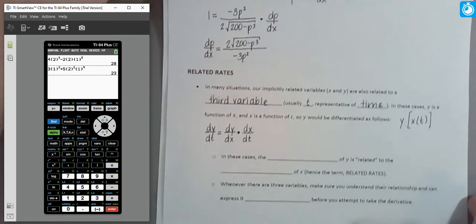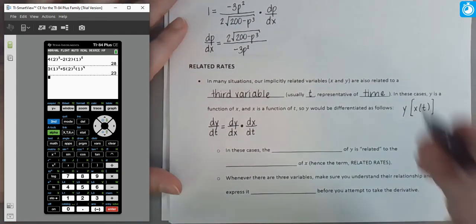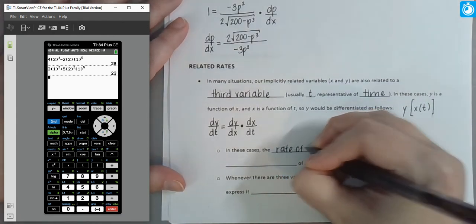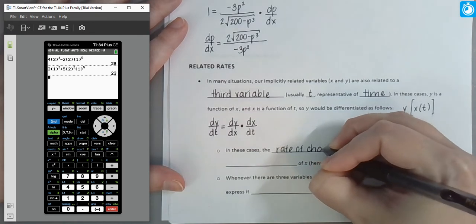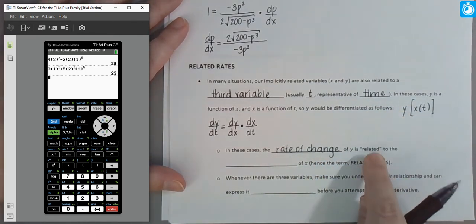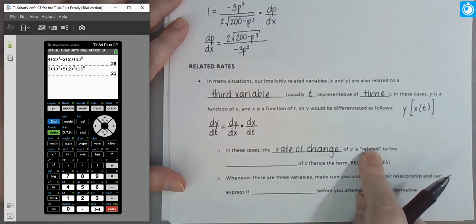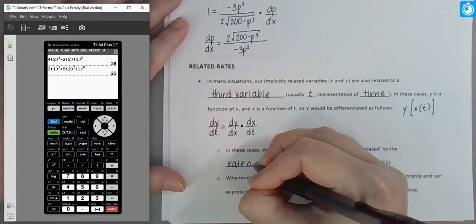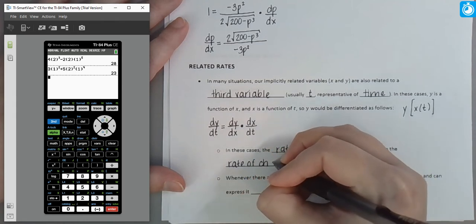So in these cases, we would say that the rate of change, what we're interested in, the rate of change of y is related to the rate of change of x.